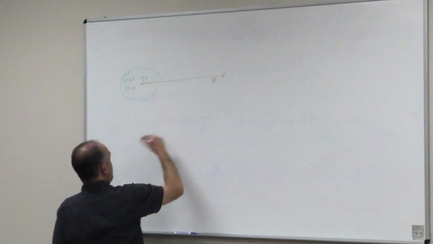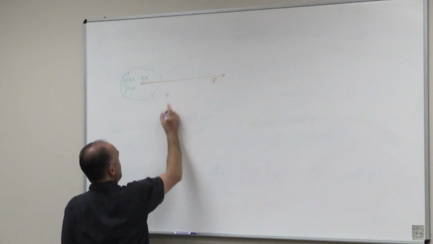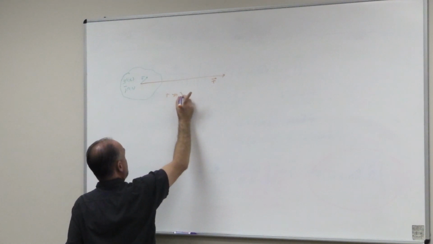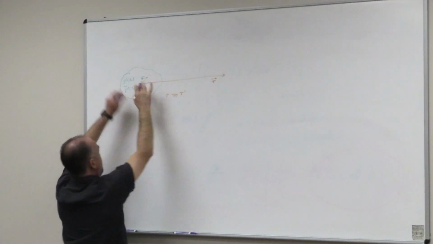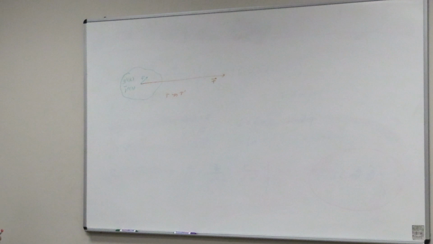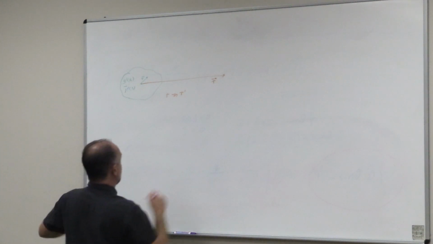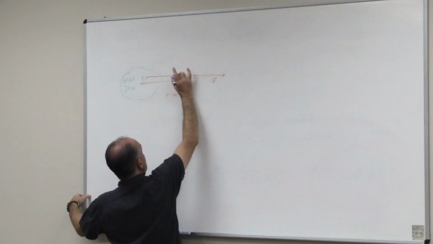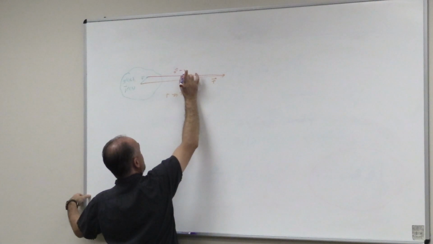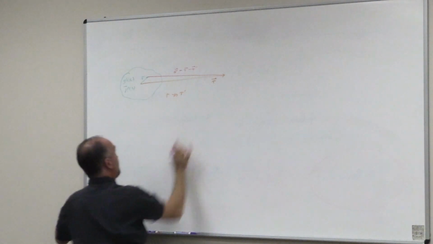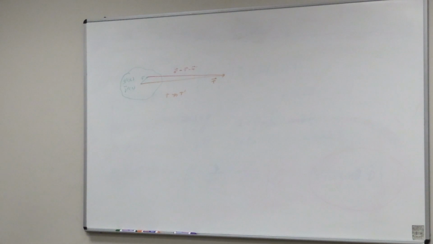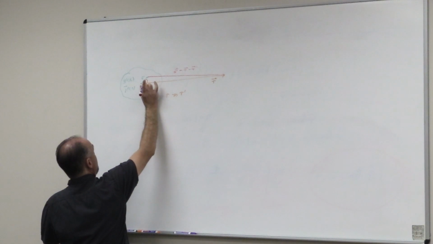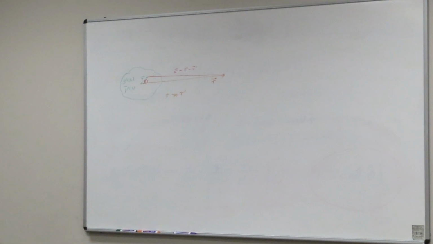So the general assumption is that we are much further away, so r being much larger than any size, any distance within the source. So our connection vector is this thing here. This is our r. That's r minus r prime, right? Let's call this angle here theta.